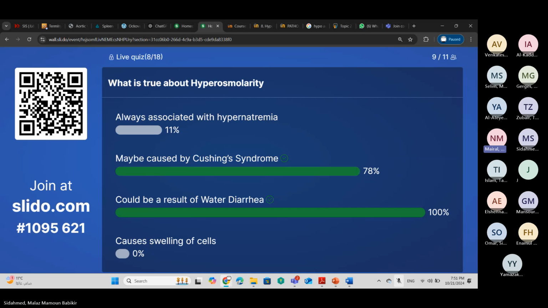Then, could be a result of watery diarrhea. All of you picked it, which is good because watery diarrhea is a hypoosmolar fluid. So whenever you're losing a hypoosmolar fluid, it is understandable to develop hyperosmolarity.